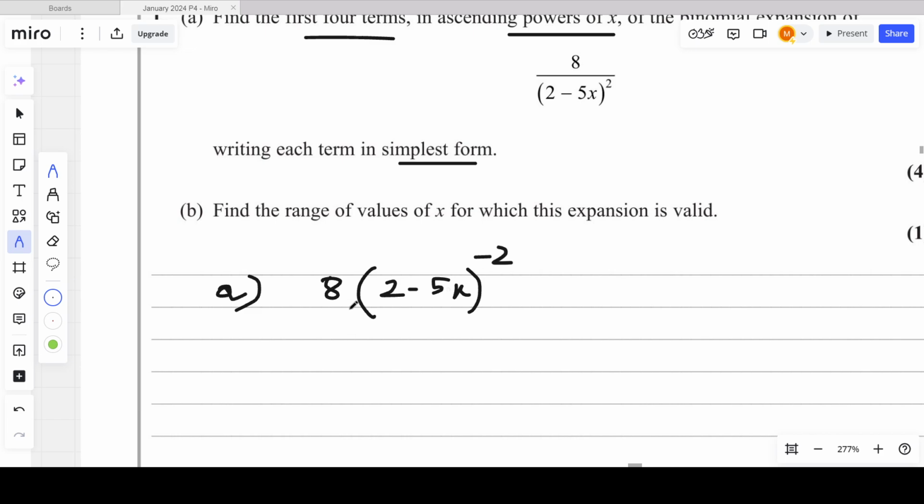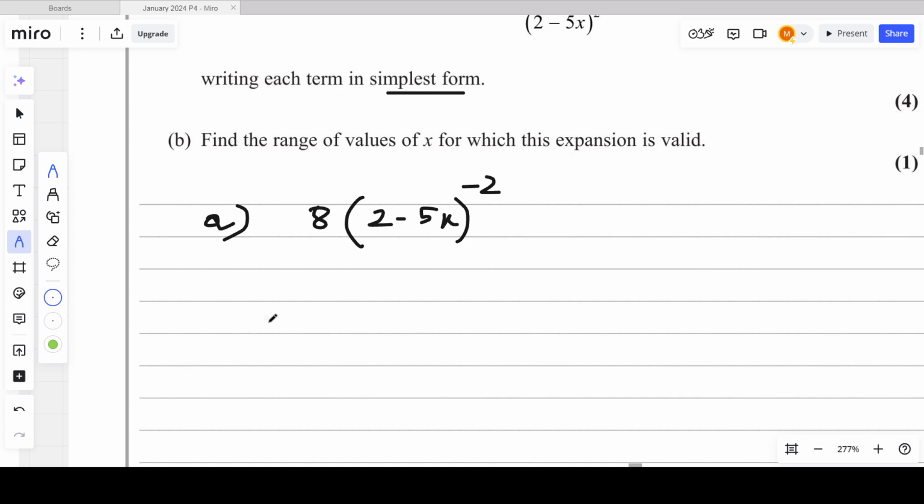Let us make it simpler. Take 2 common from the bracket. If you take 2 common from there, what would be the case? 1 minus 5 over 2 x, and then the power -2.